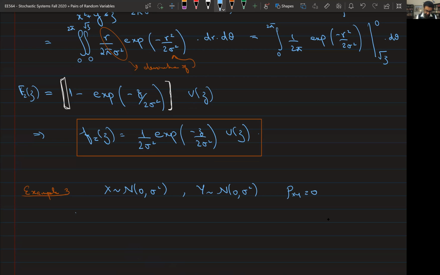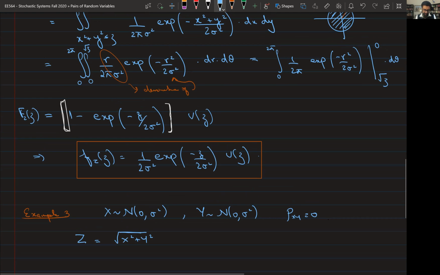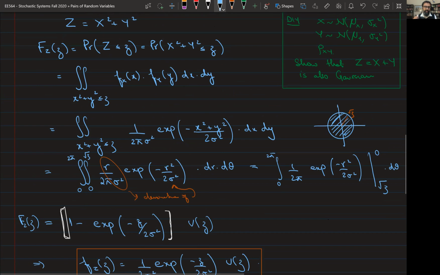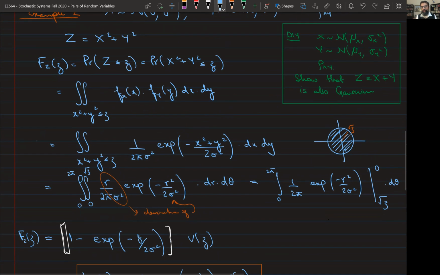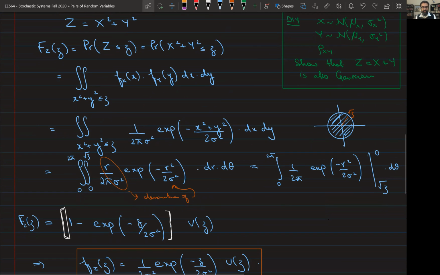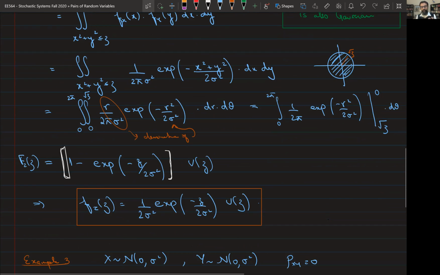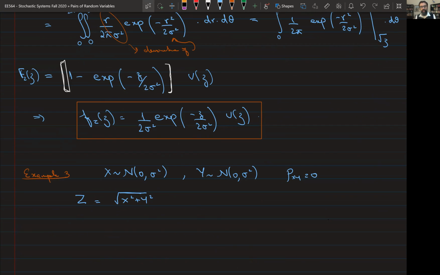Remember, Gaussian random variables, if they're uncorrelated, are guaranteed to be statistically independent as well. And z is root of x squared plus y squared, right? So it's pretty much the same as the previous example, except that I have a root here. If x and y were the x coordinate and y coordinate of a body, the previous example was finding the PDF of the squared distance from the origin.